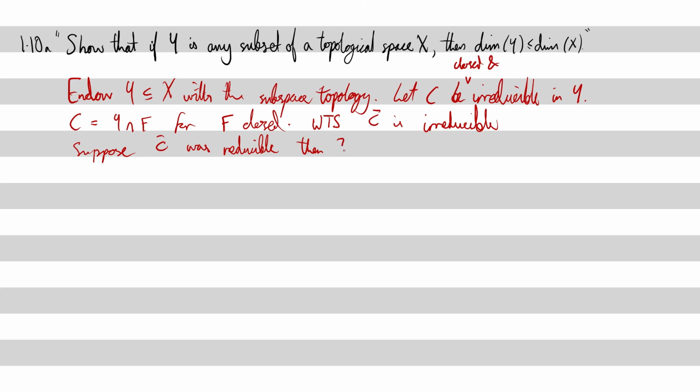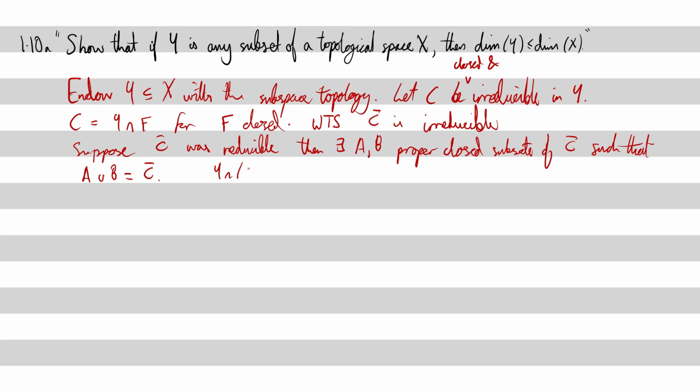Then there exist A, B, proper closed subsets of the closure such that A union B equals the closure. Now let's intersect with Y.